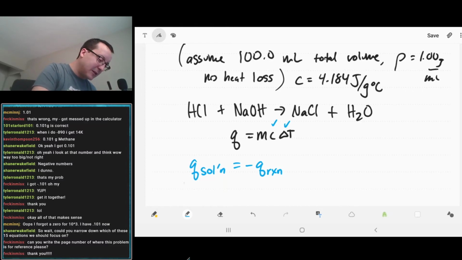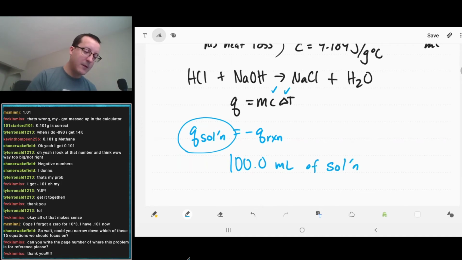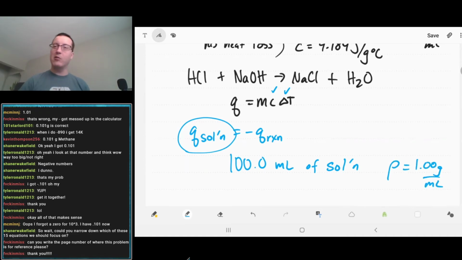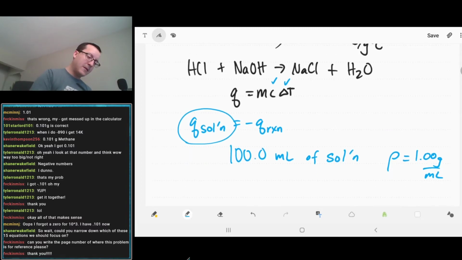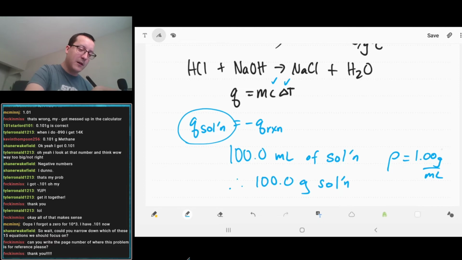And so this solution, it's telling us that we have 100 ml of solution, and its density is 1 grams per mil. So that means our solution is actually going to be 100 grams, just using the density as a conversion factor, 100 times 1. Here, I'll throw in another sig fig, just to make us all happy.